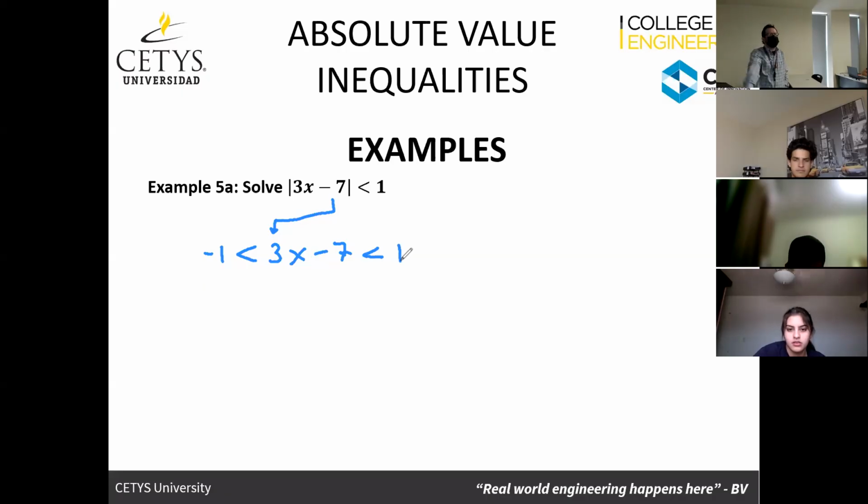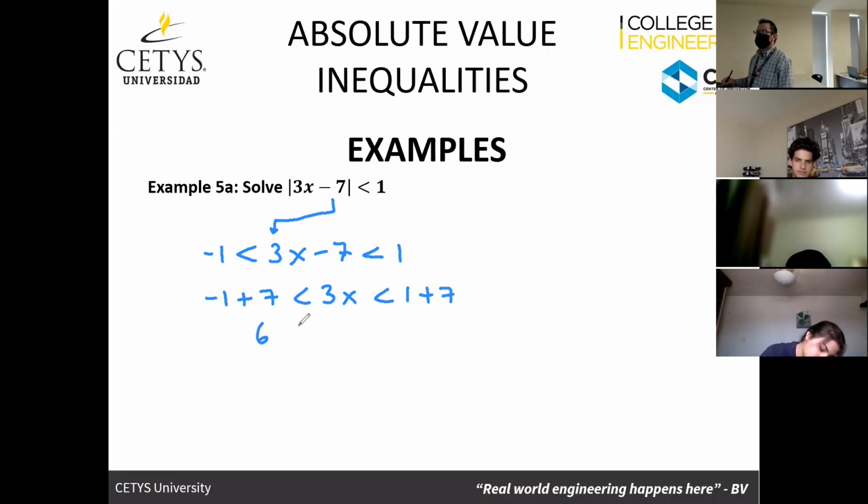The rest of what we do from this point on is like solving any of the inequalities that you already did in the previous homework. So what do we do here? It's -1. I'm going to add the 7 on each side. It's going to be 6 < 3x < 8.